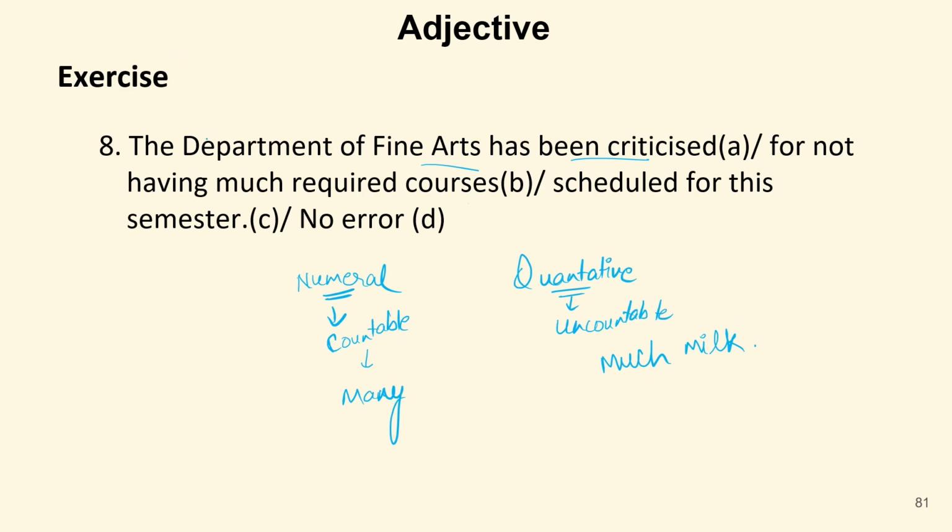Here we have the word courses, which is a countable noun. A countable noun should be preceded by a numeral adjective, not quantitative. So much should be replaced with many. It should be many required courses scheduled for this semester.